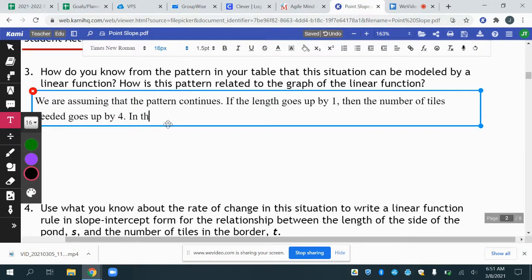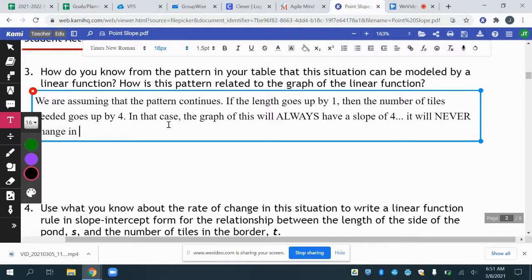In that case, the graph of this will always have a slope of 4. It will never change in steepness, forming a straight line. Okay.